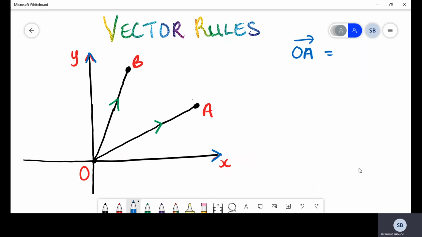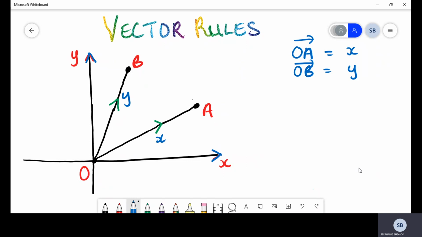I'm going to give it a magnitude, let's just say x. And I'm also going to call my vector OB, going in that direction, with a magnitude, let's just say y. So we have two vectors on screen, OA and OB.